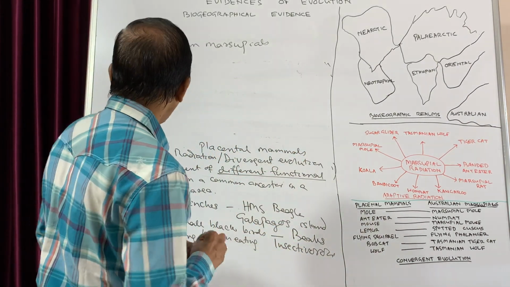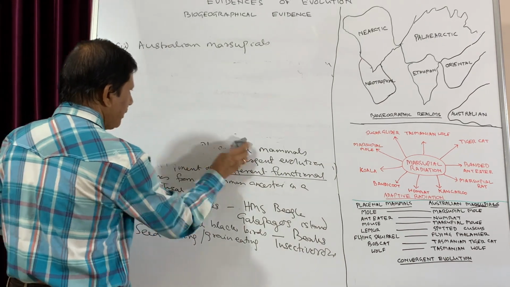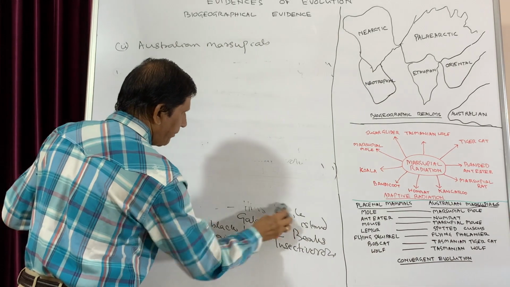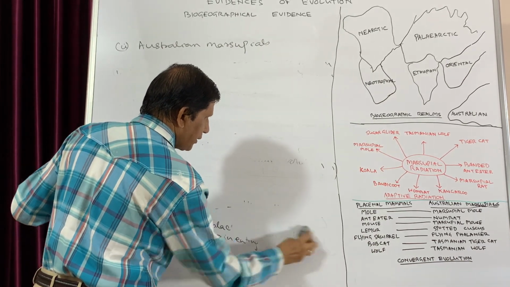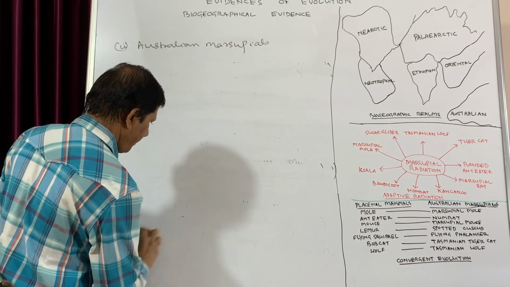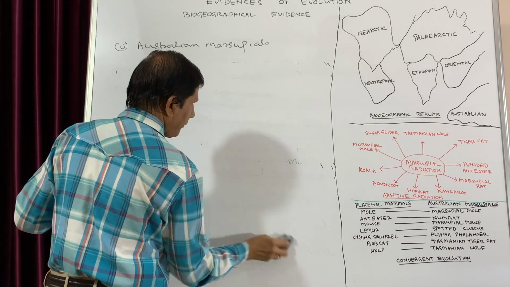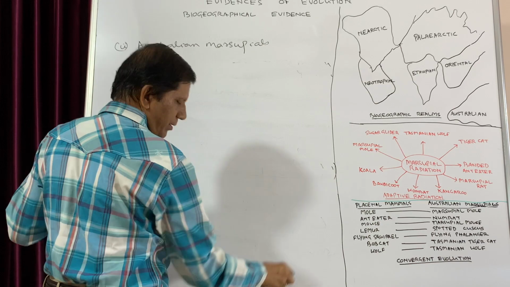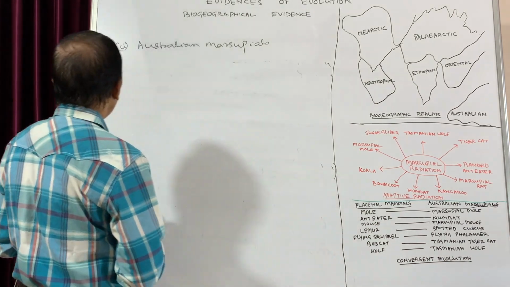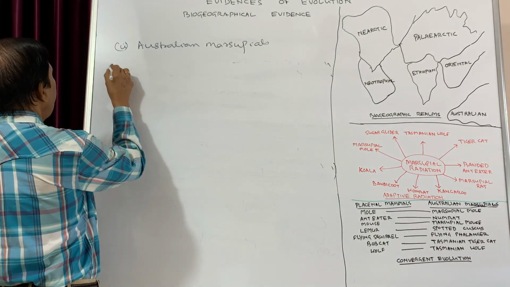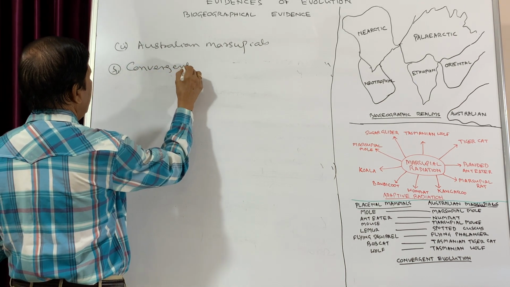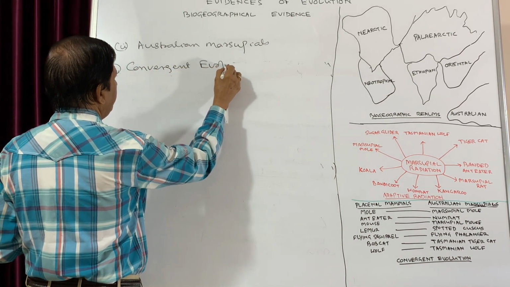Then come to the next one, the fifth evidence. The fifth evidence is convergent evolution.